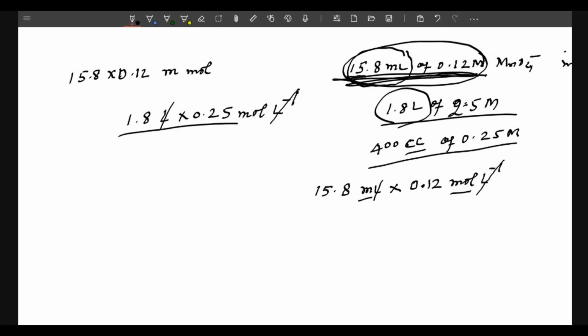Therefore, if you take the liter and multiply with the molarity, you will get the moles directly. If you take milliliter and multiply with the molarity, you will get millimoles. After finding the moles, our problem is like the previous problems. Here the milli should be replaced by 10 power minus 3. Okay, now I think you understand the problem.